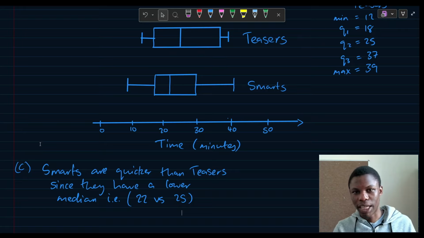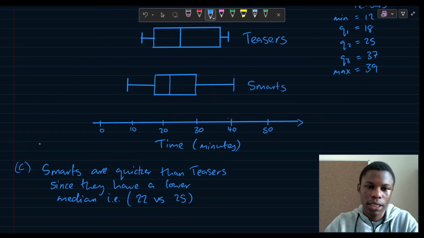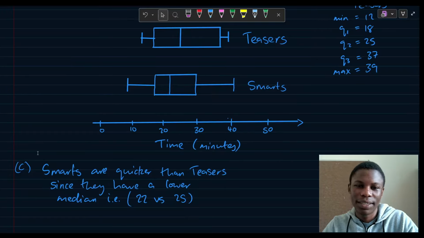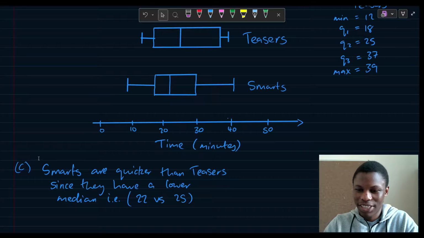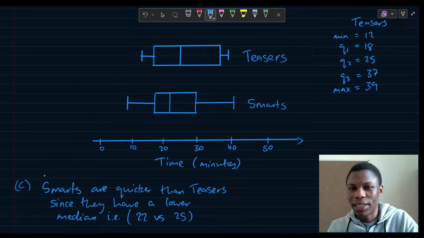Then you need to explain the spread. The spread is explained by your variance, standard deviation, or your range. In this case, we actually want to use the interquartile range. So the box that you can see, or rather a rectangle. It should be like a rectangle and whisker plot. I don't know why it's called a box, but yeah. This rectangle: the bigger the rectangle, the more spread out the times.